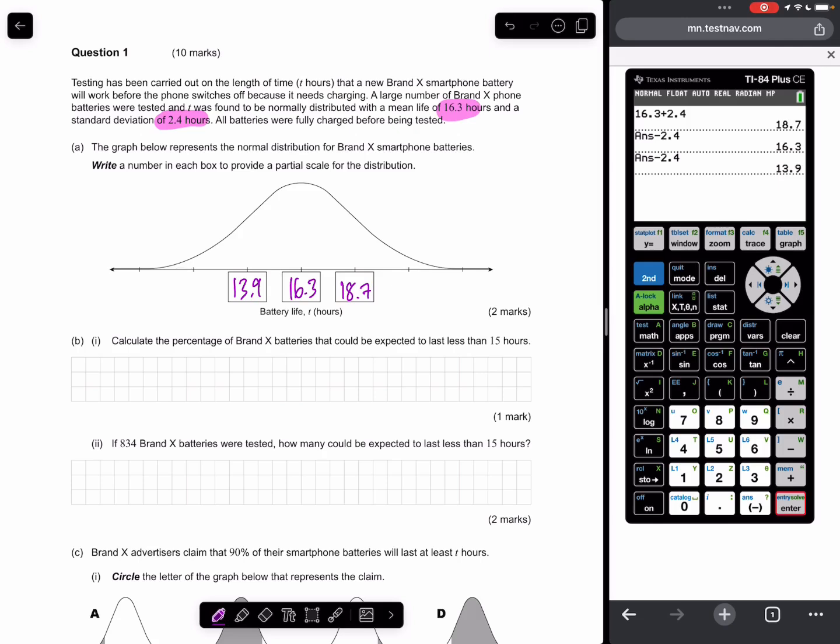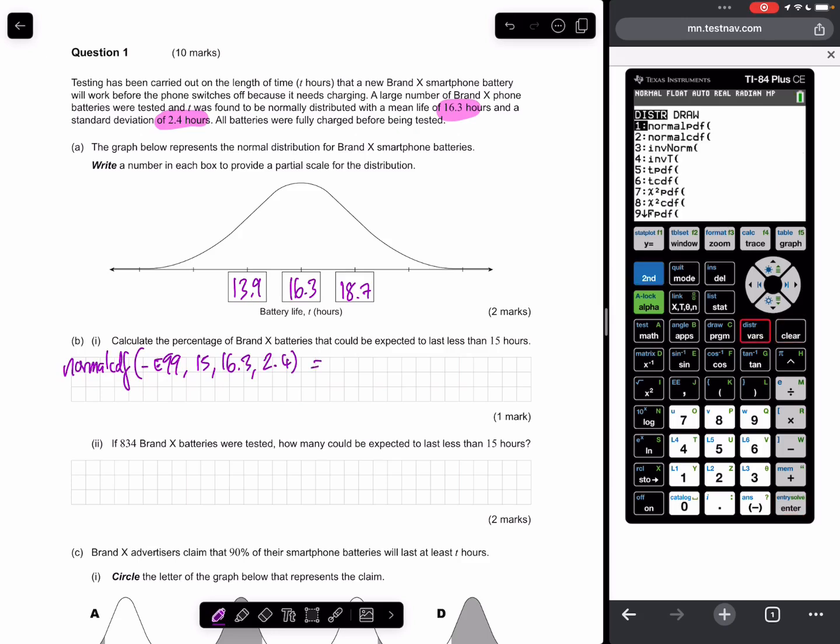Calculate the percentage of brand X batteries that could be expected to last less than 15 hours. So for the percentage, we're doing a normal CDF. Less than 15, so negative E99, negative infinity to the left, and 15 is the highest we care about. 16.3 and standard deviation 2.4, equals 0.2940 to 4 decimal places.